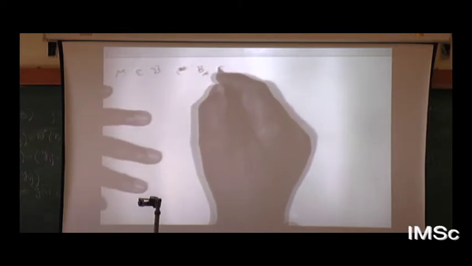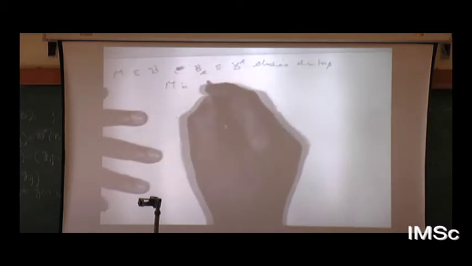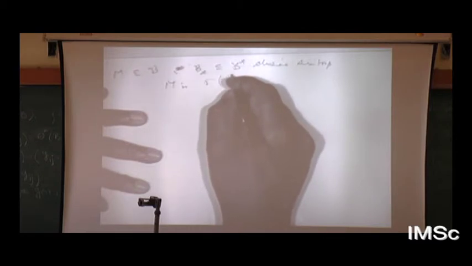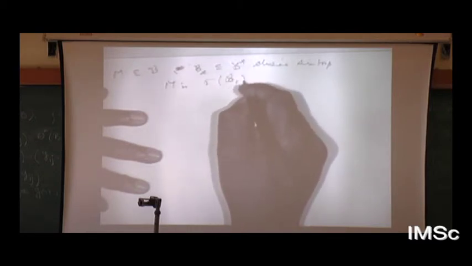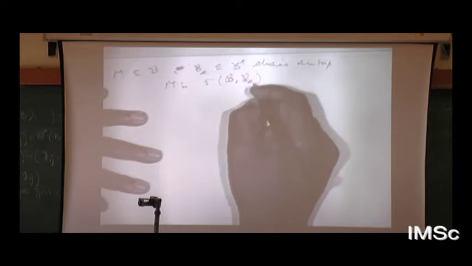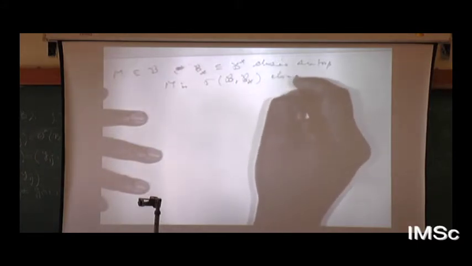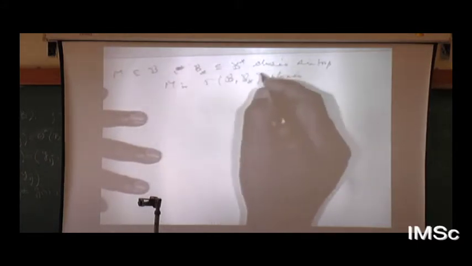B star is a closed subspace and M is sigma B star closed, such that B is B star star.